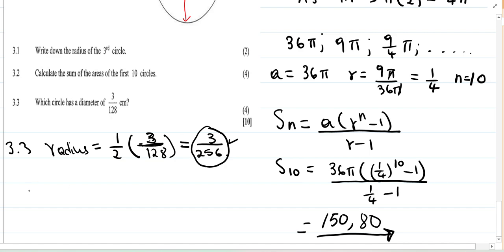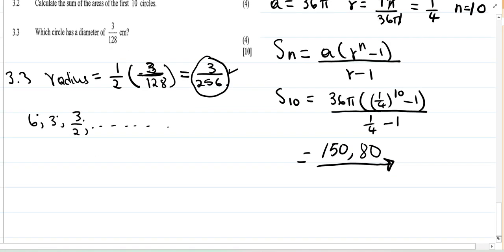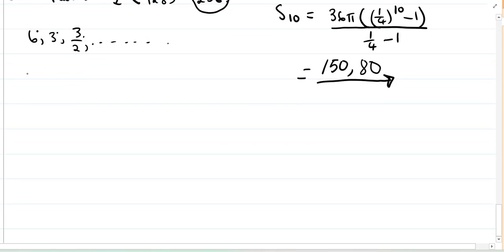So how do we get to that? We know that the radius of our circles, the bigger circle had a radius of 6, the second circle had a radius of 3, the third circle had a radius of 3 over 2. The pattern continues in that particular format. So now looking into that, this is geometric. The value of A is 6.